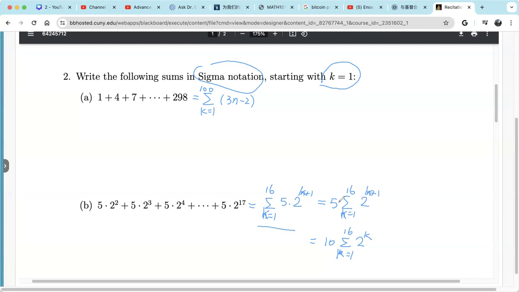This one, you factor out 5, then inside you have 2 raised to k plus 1. Or you can even factor out 2, since 2 to the k plus 1 is 2 to the k's power multiplied by 2. You see, 5 times 2 is 10, then inside you have 2 raised to k. Either one is fine.